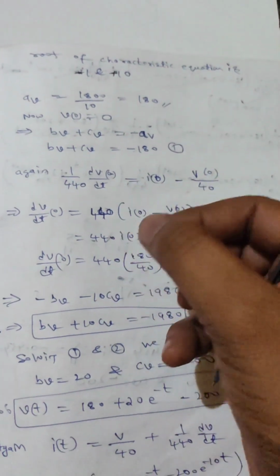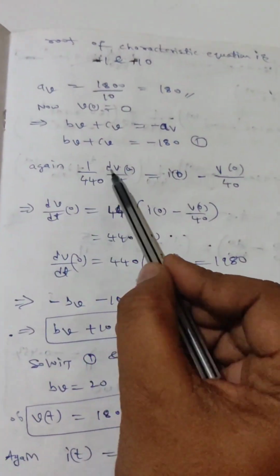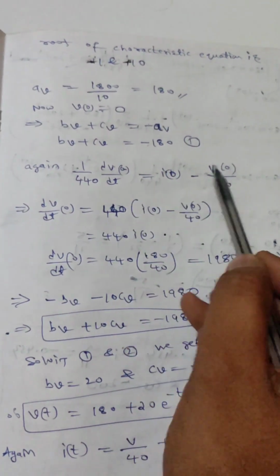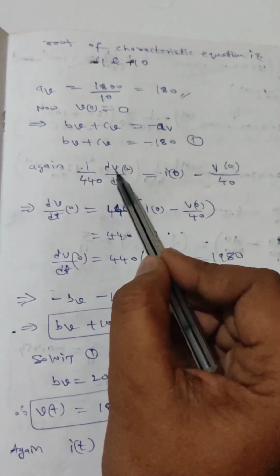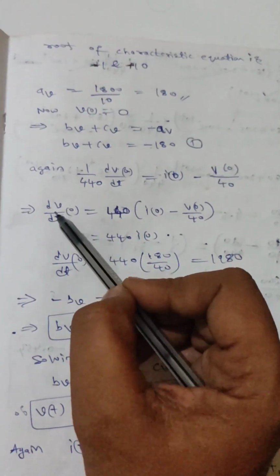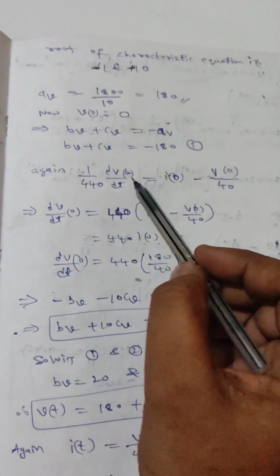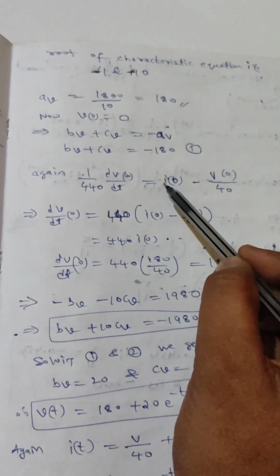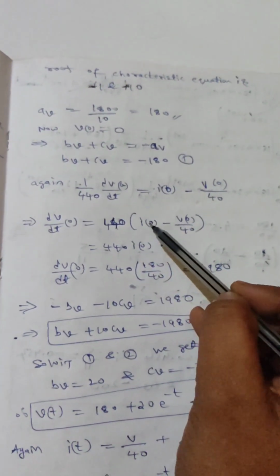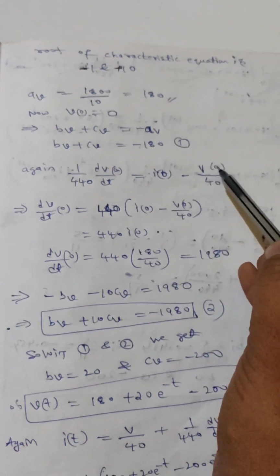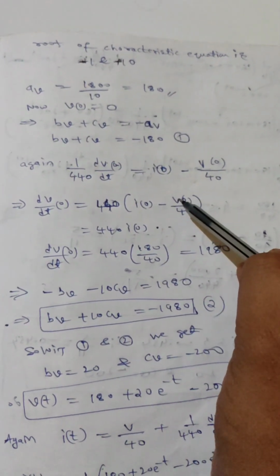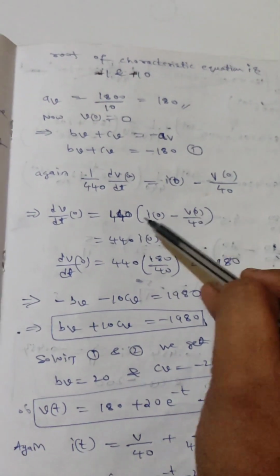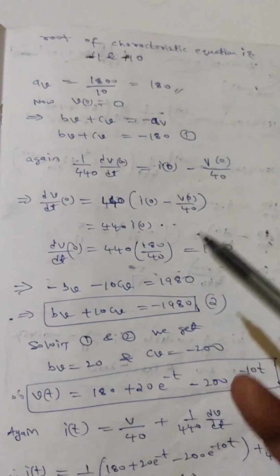Means we are taking the initial current at t equals to 0 only. That's why we wrote V of 0, I of 0, V of 0. Now from this, dV of 0 by dt is equal to, cross multiplying, 440 will come to this side: 440 into I of 0 minus V of 0. V of 0 is 0, and 0 by something is 0. Therefore you will get 440 into I of 0.